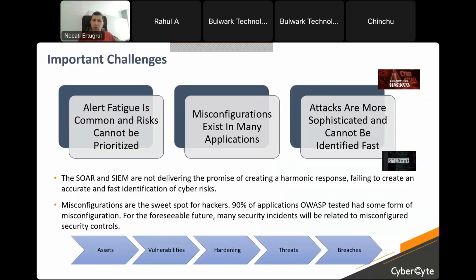What are the core challenges that we are currently facing? Many customers, and many MSSPs if you are providing services to your customers, are facing alert fatigue. Every component that we add to the infrastructure is raising alarms and notifications, and because of this noise, we sometimes fail to identify the risk.